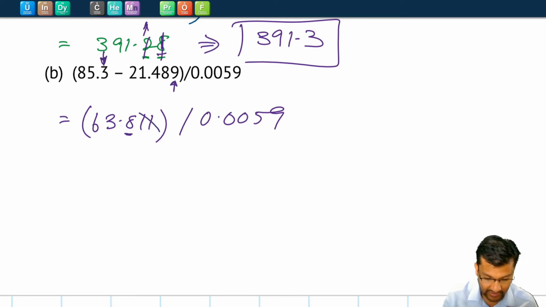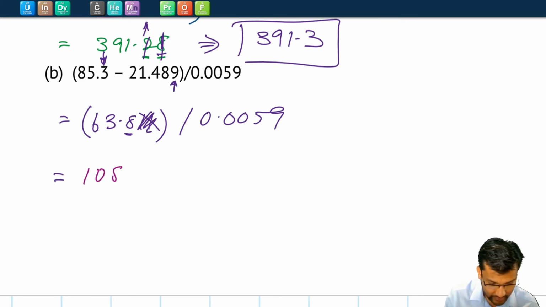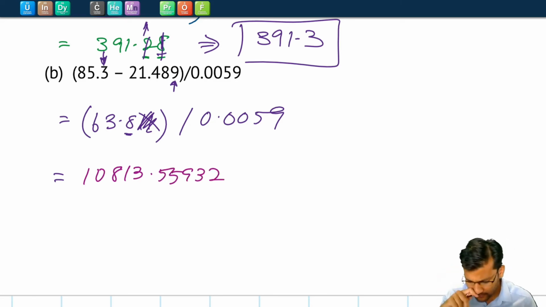So those are not significant. Now we're dividing. So 63.8 divided by 0.0059, we will have 10813.55932 from my calculator. But we're dividing, so we count the number of significant figures.